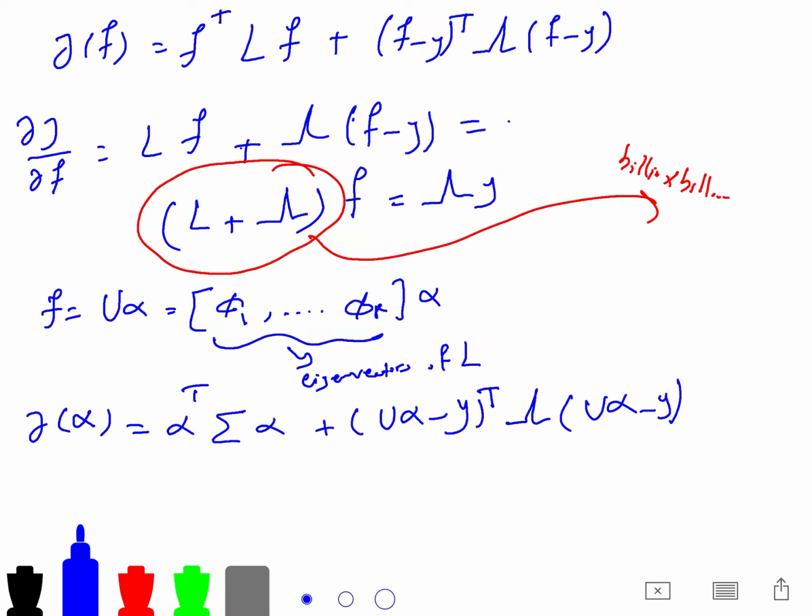Here sigma is the diagonal matrix of eigenvalues of the graph Laplacian. So the optimal alpha is now the solution to a K by K system: sigma plus U transpose lambda U.